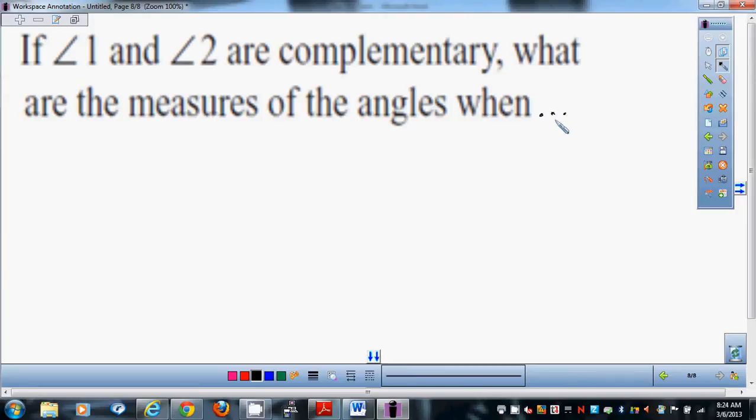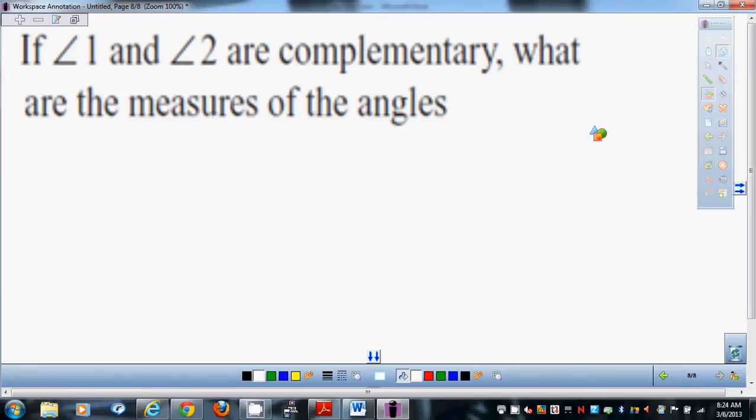All right. If angles 1 and 2 are complementary, what are the measures of the angles? Who thinks they know what this one's going to look like? Let me try to see if I can.